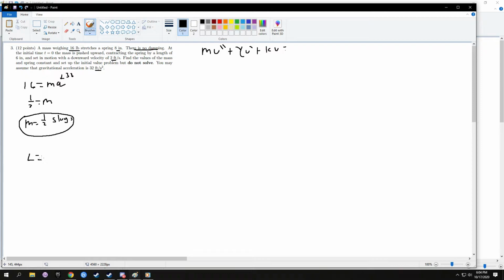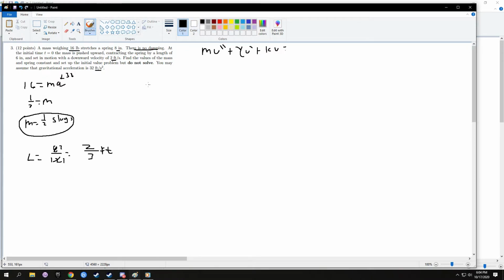We know 1 foot equals 12 inches, so length equals 8 divided by 12, which simplifies to 2/3 feet. All I want to do is convert to units I can work with. I cannot just make up units as I go, or just use a force as a mass. It will not work, and it would give you crazy numbers.